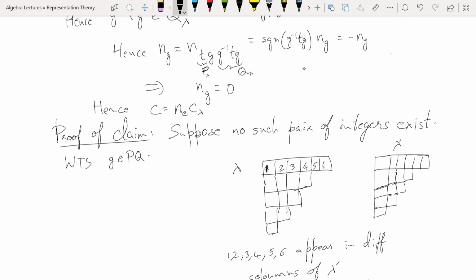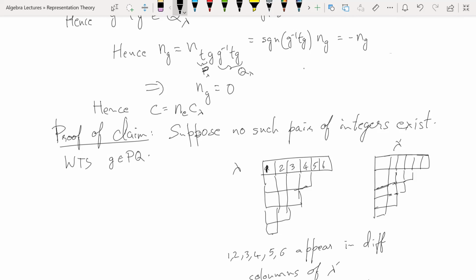What will that mean? That will tell us that these numbers 1, 2, 3, 4, 5, 6 appear in different columns of lambda prime. Yeah, because if they happen to be in the same column, then that will contradict our hypothesis. So that tells you that 1, 2, 3, 4, 5, 6 appear in different columns of lambda prime.